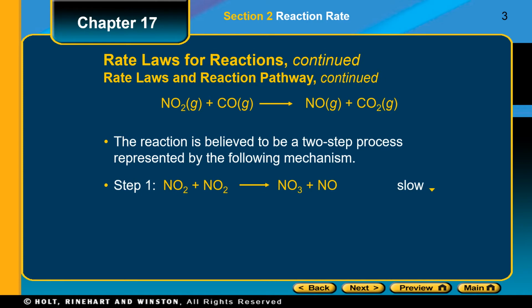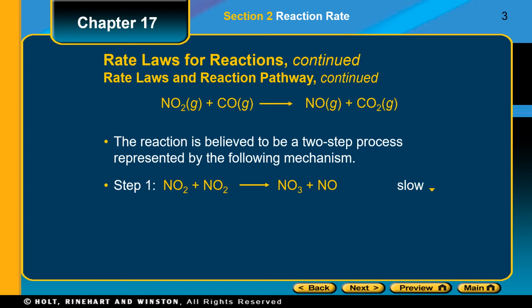First of all, two nitrogen dioxide molecules will collide with each other, and as a result of this collision, one of the nitrogen dioxides gains an oxygen from the other nitrogen dioxide, and so it's now NO3, nitrogen trioxide, and the other one that lost an oxygen is now nitrogen monoxide.